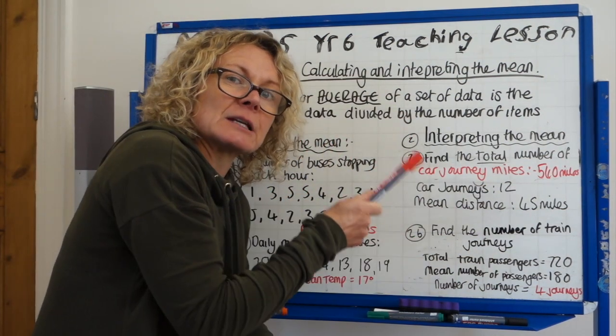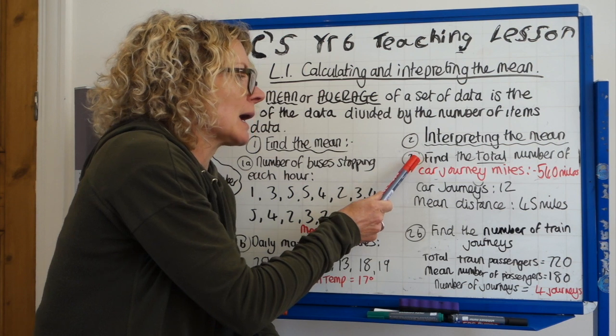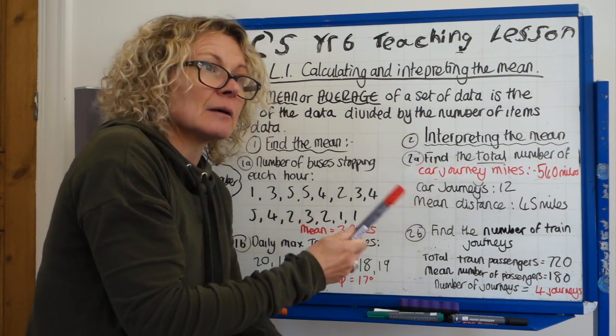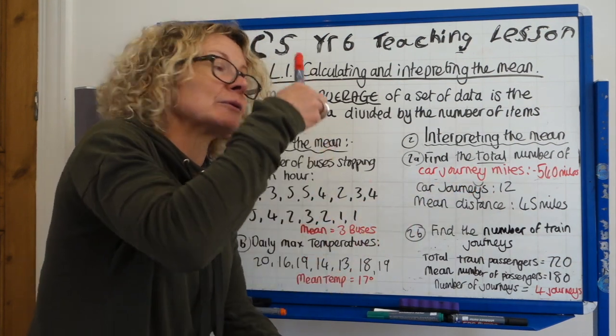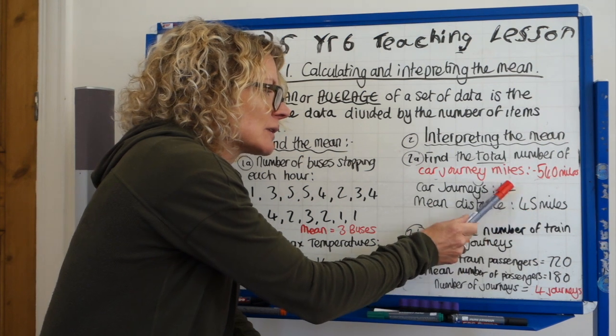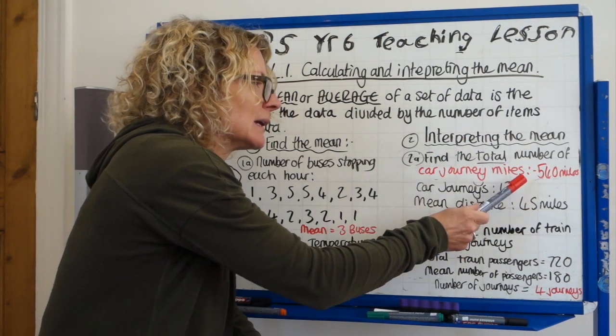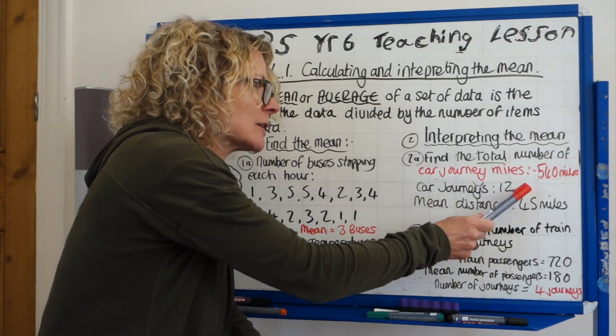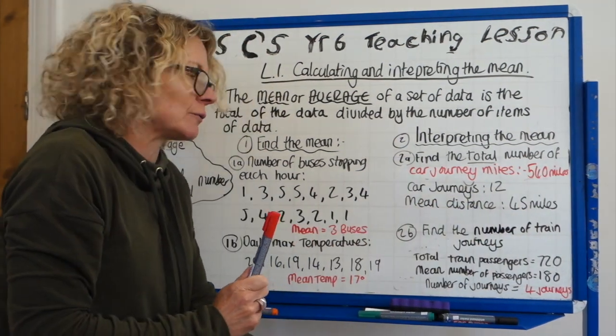Hopefully you spotted the deliberate mistake on 2A, because I said find the total number of car journeys, but the car journeys was there. It was a total number of miles, okay? So in order to do that, you needed to times the two together to interpret the mean. Okay, because you had the mean distance already, so it's the opposite operation, and your answer was 540.